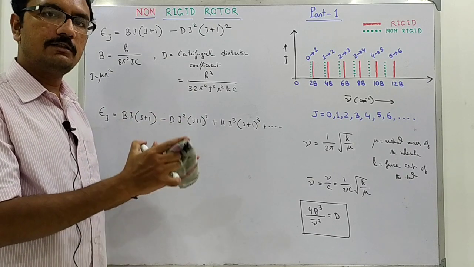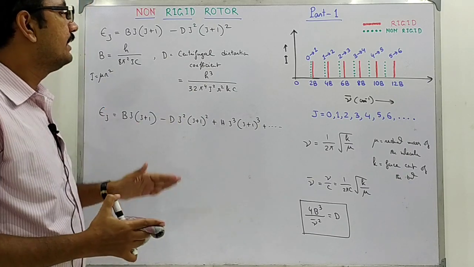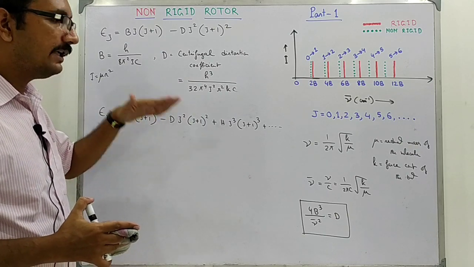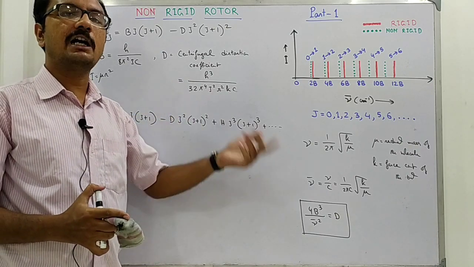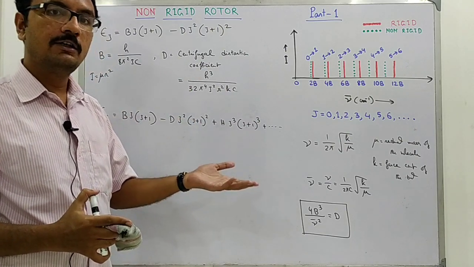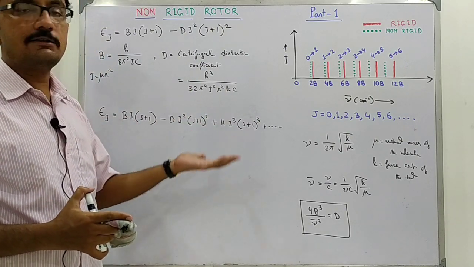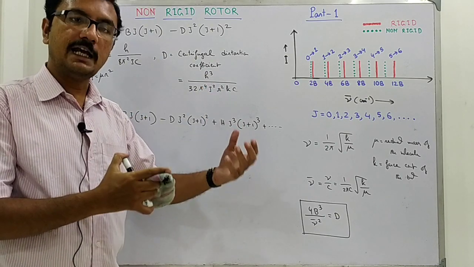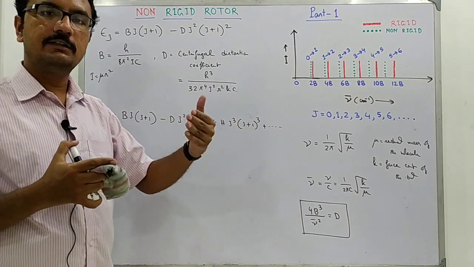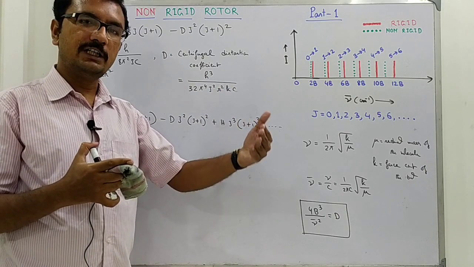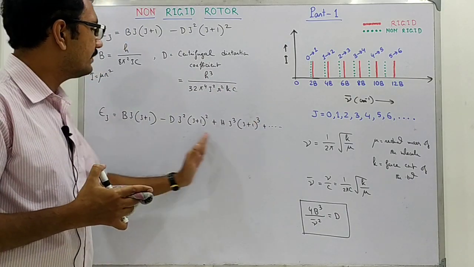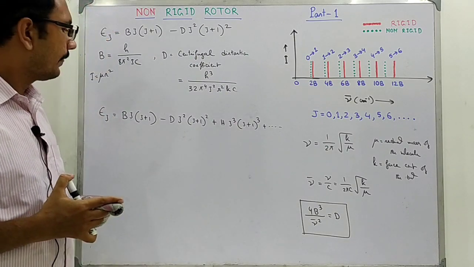So, the potential is simple harmonic, but when the field is not simple harmonic, it is anharmonic, which is the exact reality. That is, the rotor is non-rigid, and at the same time it is vibrating in an anharmonic force field, then the energy expression will look like this.